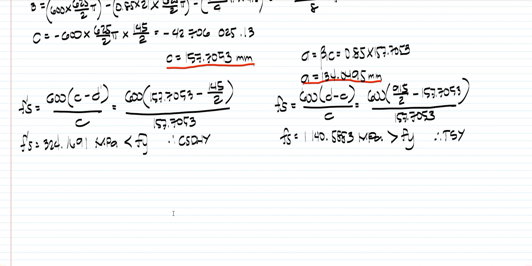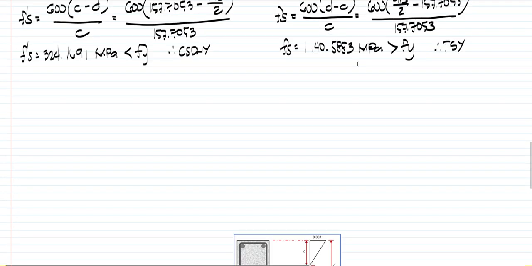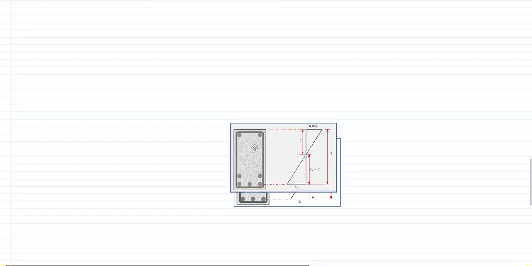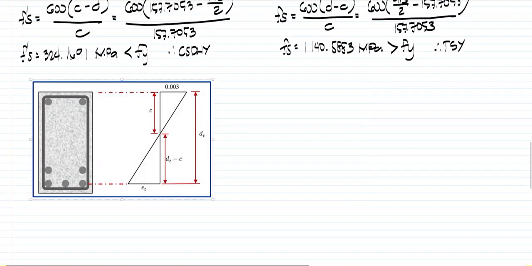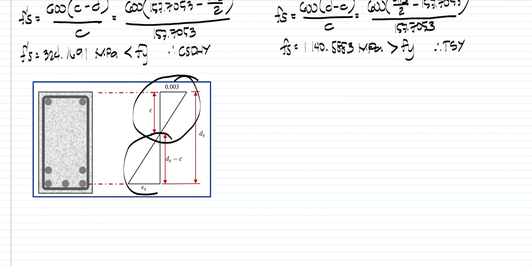For our net tensile strain, syempre kakailanganin natin yung strain diagram. So, strain diagram, ito. So, syempre, from this strain diagram, kukunin lang natin yung farthest or yung strain for the farthest reinforcement. So, this is just coming from similar triangles ulit, yung upper triangle and yung lower triangle natin.